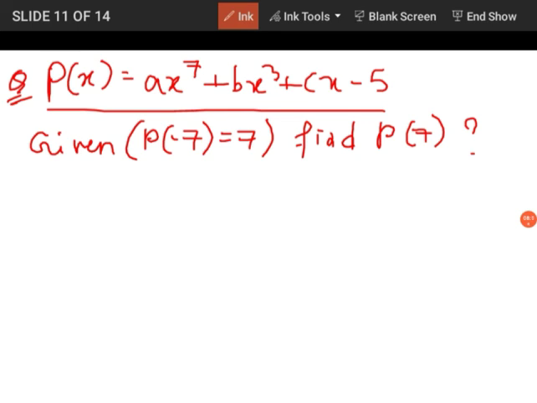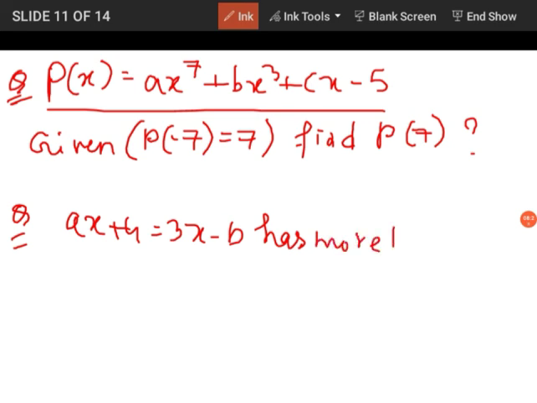Okay, homework questions. And the second question is, say ax plus 4 is equal to 3x minus b has more than one solution for x.